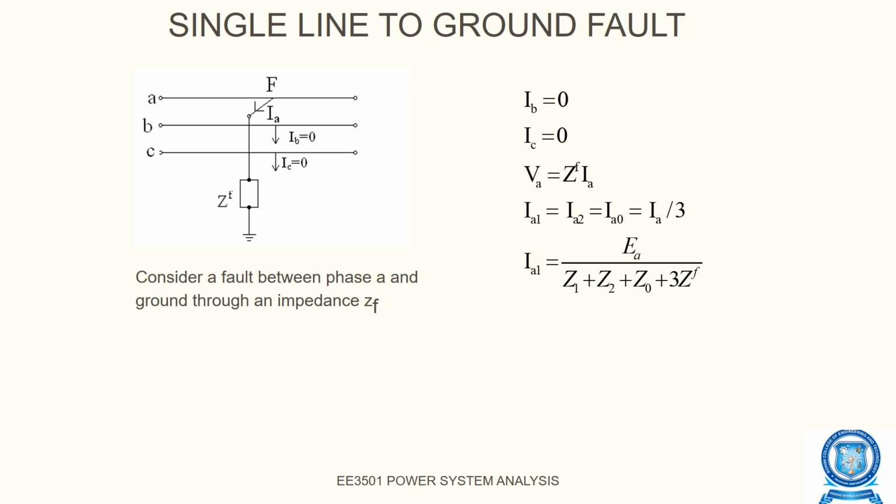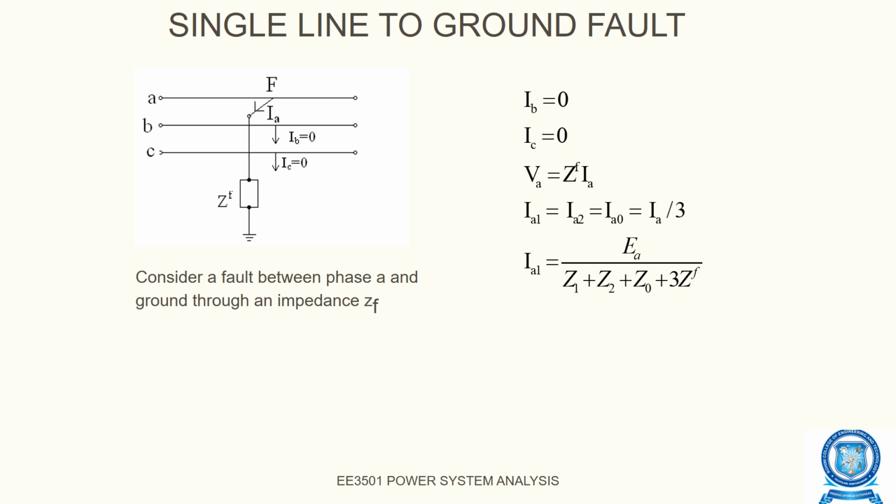So, the first one is single line to ground fault. Before moving to it, let me briefly outline the short circuit analysis for an unbalanced system, which can be analyzed by the following steps. The very first step is to draw the positive, negative, and zero sequence networks with their appropriate description.